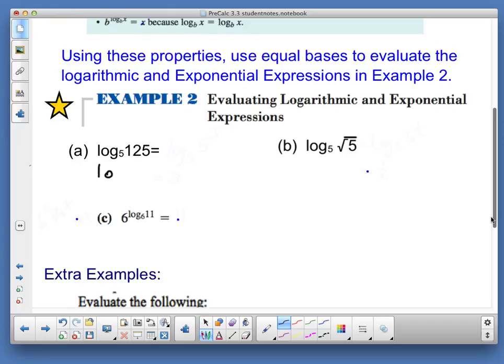So I've got the log base 5, I've got 5 to the 3rd power. People are like, what's the deal? It's like, dude, it's $1.25. That's 5 quarters. So that should return 3, because that's my exponent. Do the same thing in B and C.